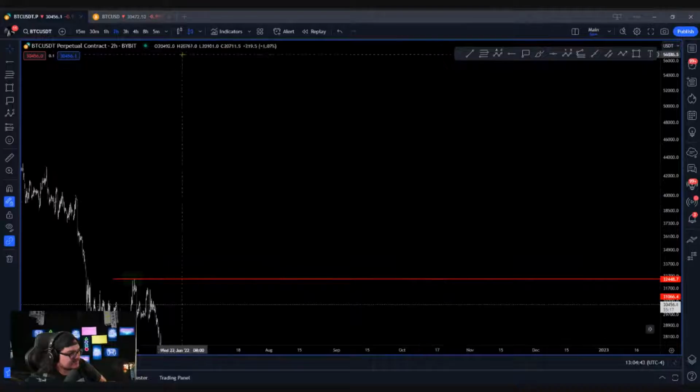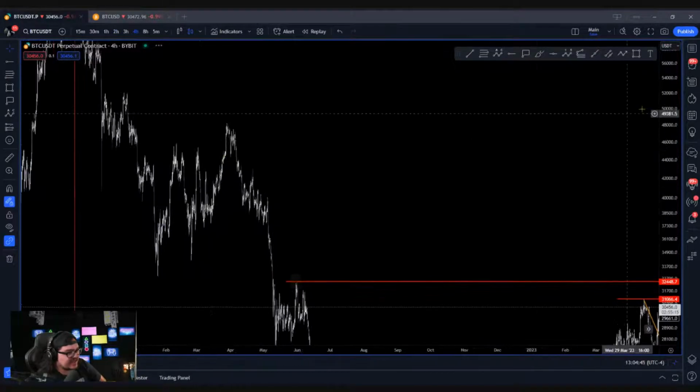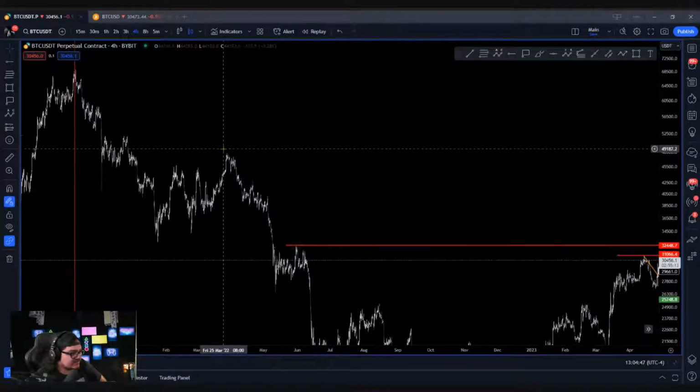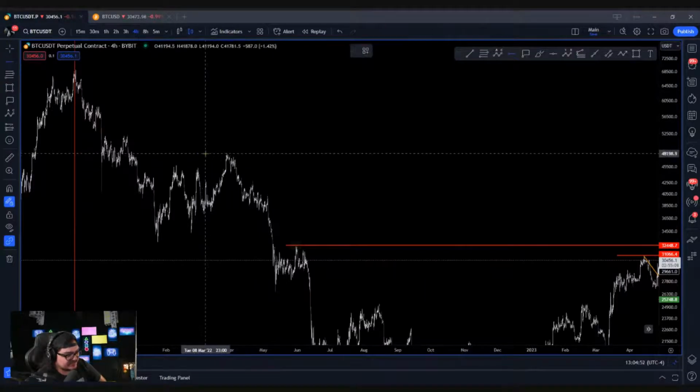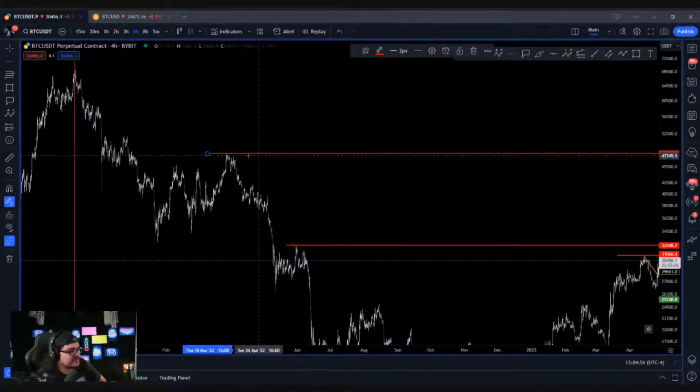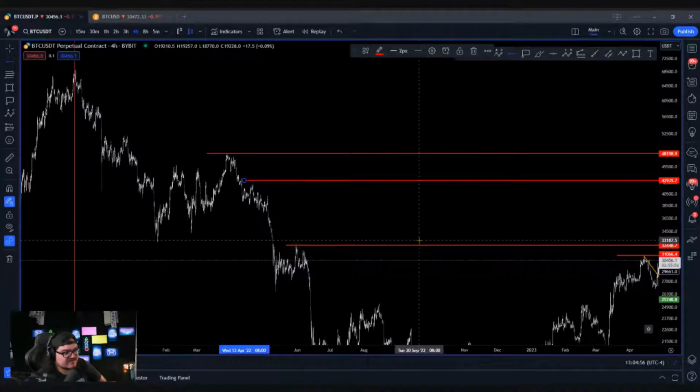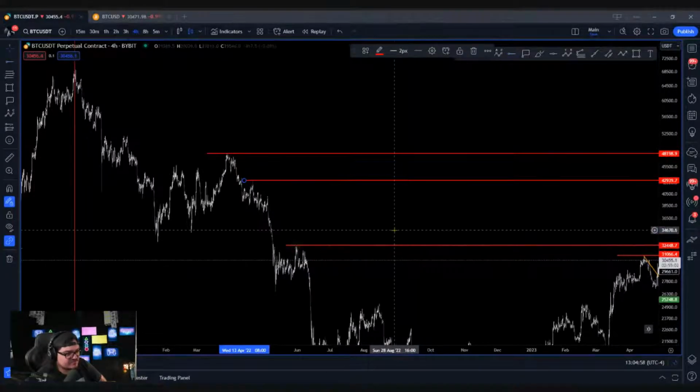If that fails, the next area of price to test, besides the previous local high, which we'll talk about if we go back a little bit further in the trend, which is around 48K, there is a slight resistance at around 42,950.